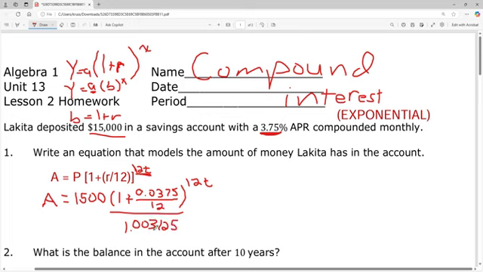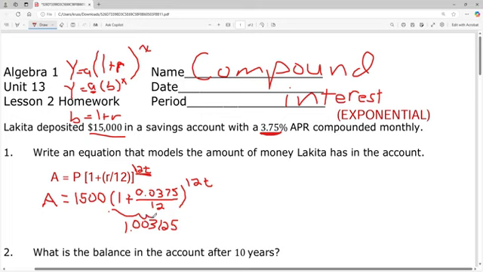So that's like 0.3%. We're going to increase this by 0.3125% every month times however number of months it's going to be.